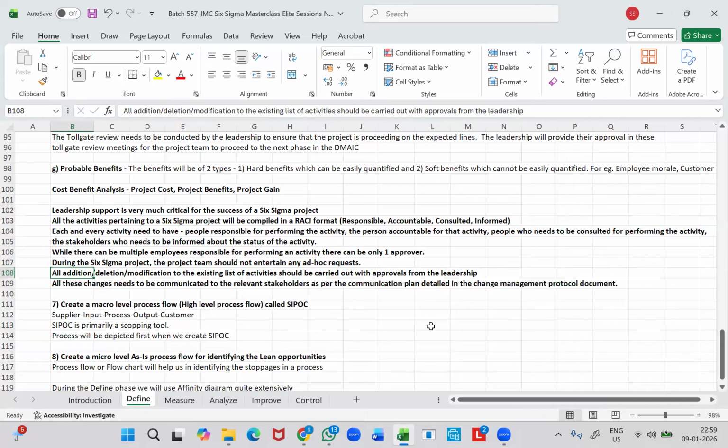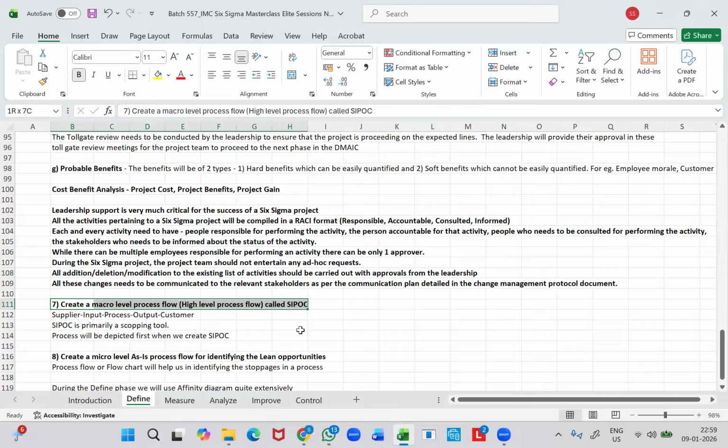So these are some of the important pointers that we need to remember as a project team while executing the Six Sigma project exercise.